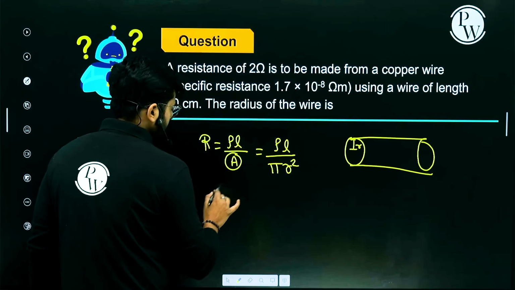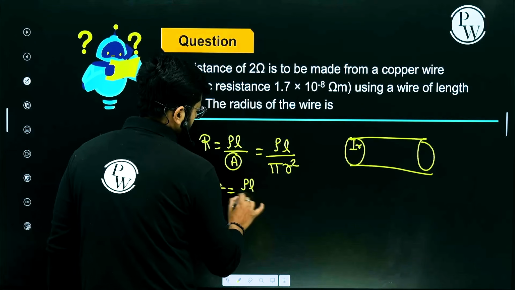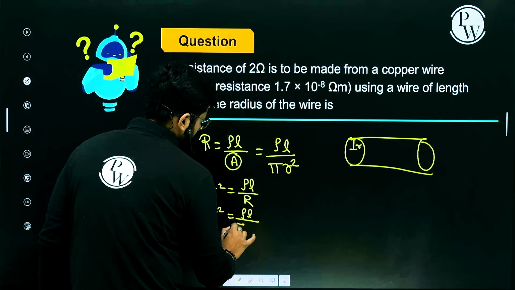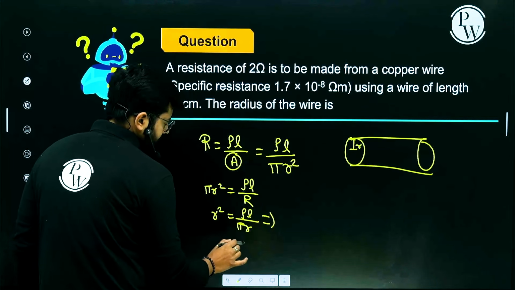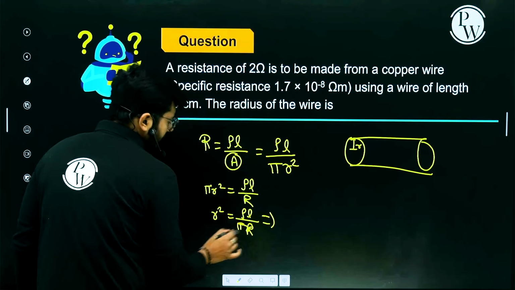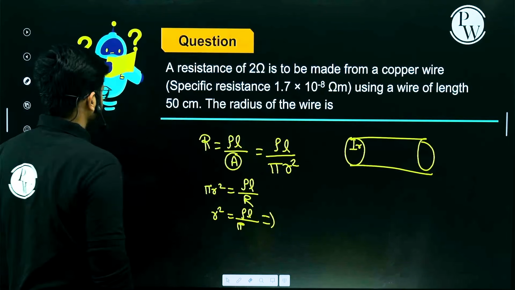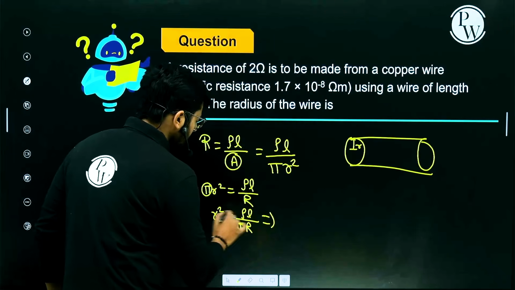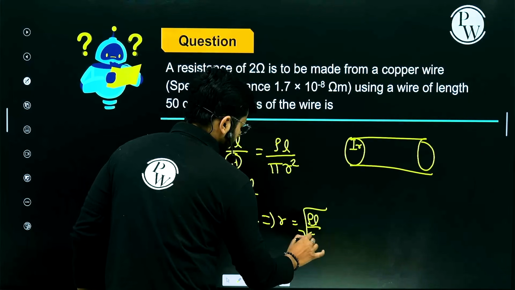So pi r square is rho L upon capital R. So r square is rho L upon pi R, and r will be under root rho L upon pi R.